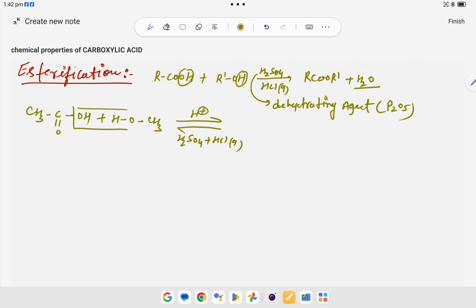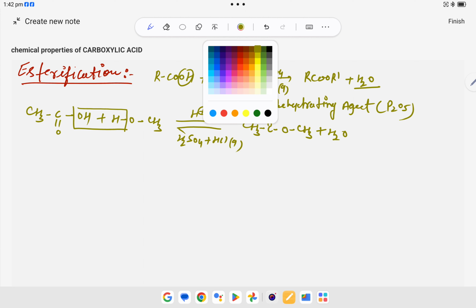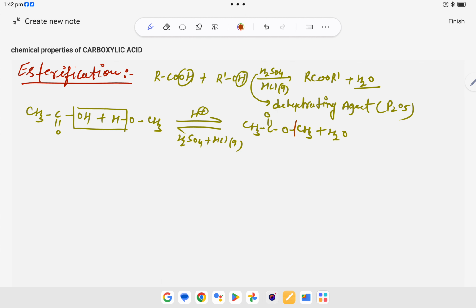This water will leave and CH3 C double bond O OCH3 plus water will be formed. What is the name of the species? You have to substitute it from here. It's methyl ethanoate. That ester is formed.